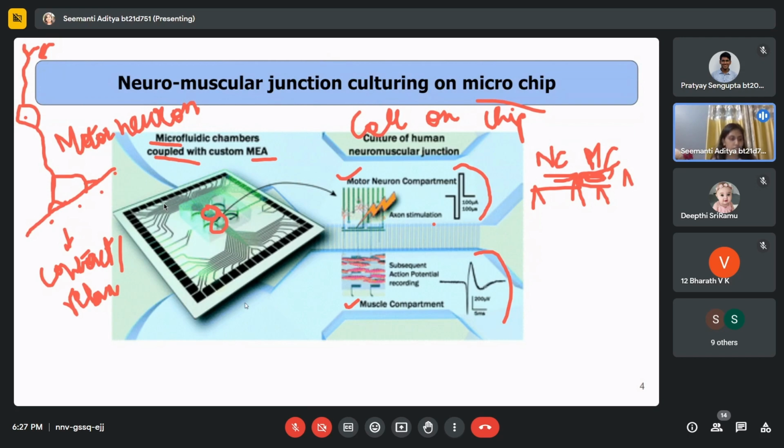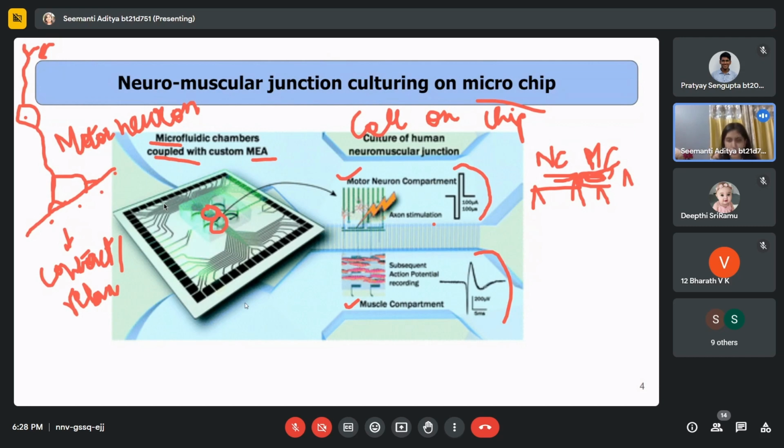So it is a much more reliable result, because we will be mimicking the entire neuromuscular junction, the entire cellular activity which is present in the physiological condition. So the micro cantilever system and the microchip system are an advanced level of cell culture, and definitely in the future they are going to be used more.